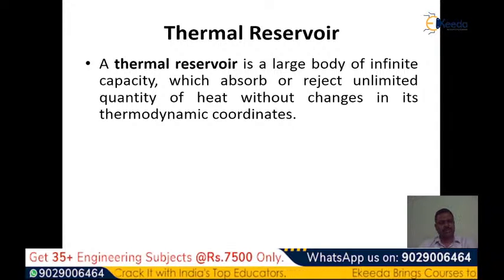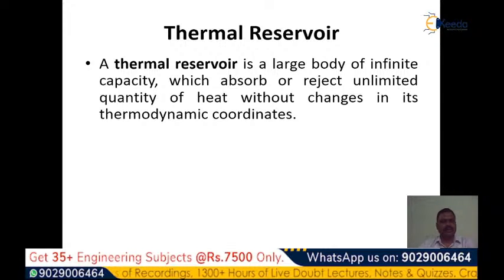This thermal reservoir is a very large body of infinite capacity which will absorb or reject an unlimited quantity of heat without changes in its thermodynamic coordinates. So this is a very large body which will have infinite capacity. Either it will absorb or reject unlimited quantity of heat.